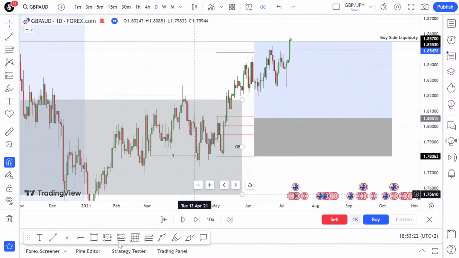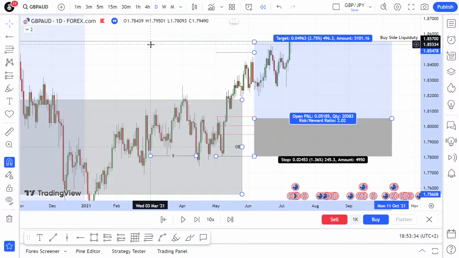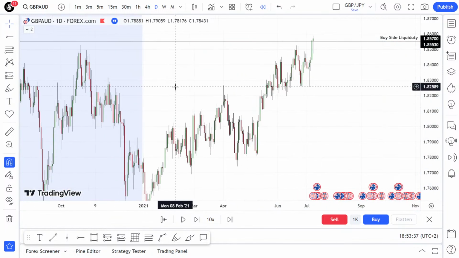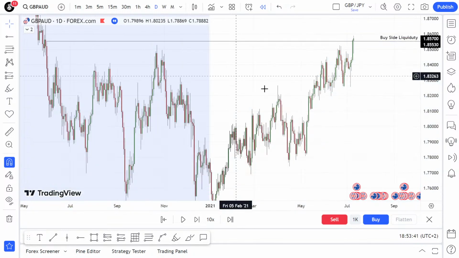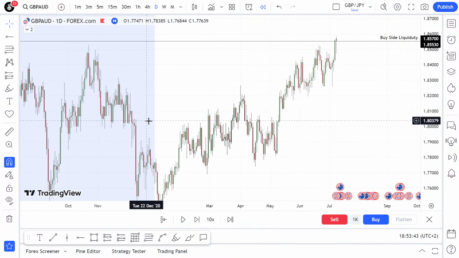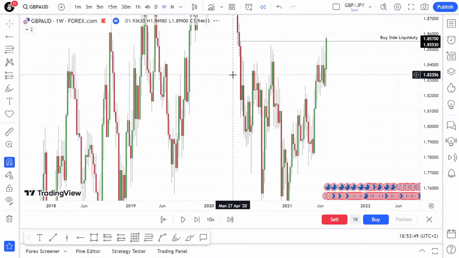Now the question is, what do I do in this kind of situation where my entry is left and my draw on liquidity is done? Let's just remove those. I want to now identify the new range that we're trading in.